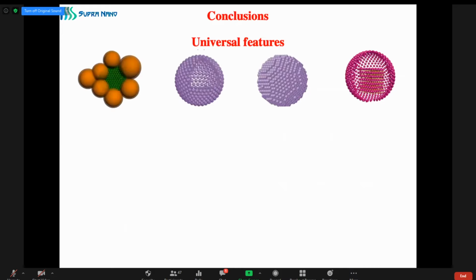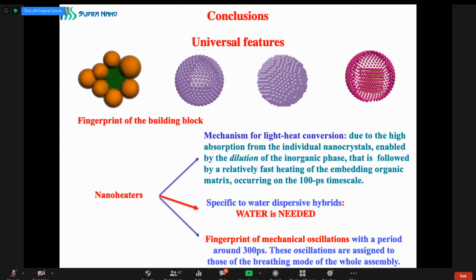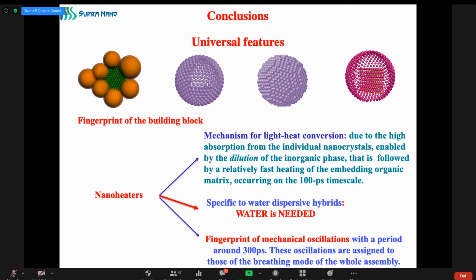So for all, we get the fingerprints of the building block, and the nano ether, from the data obtained by Giulio Cerullo and Giuseppe della Valle, you can see that we create a type of nano ether, and you cannot get this if you don't have water. You need to have water to get the nano ether.